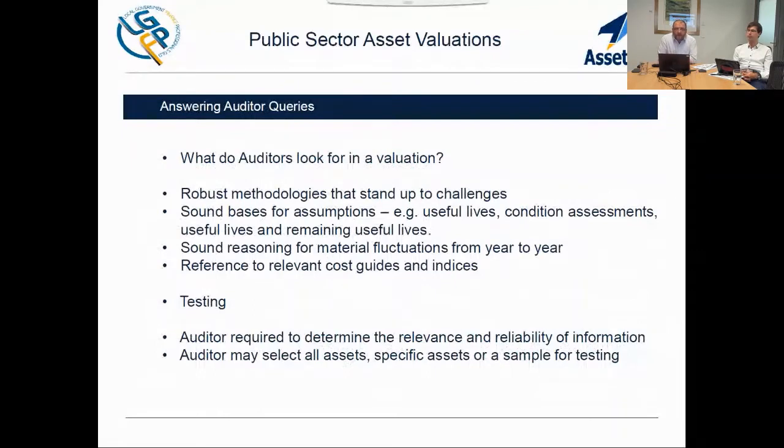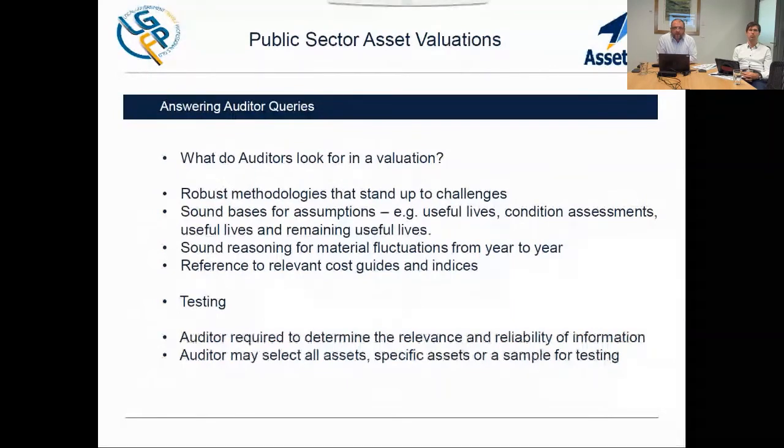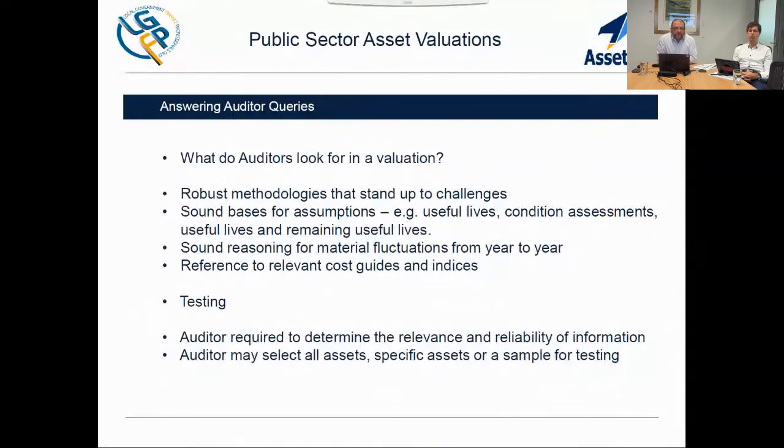Yeah. So once we've gone through the valuation process, we've been out and done the inspection, we've prepared the valuation, sent it to council for review, we've knocked that backwards and forwards and refined and rinsed out any queries, the next step in the process is for the auditors to get involved.